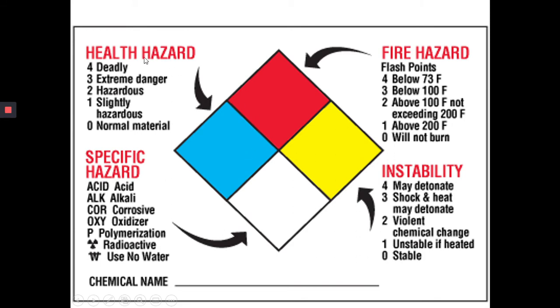And as you may notice, in each of the hazards seen in the National Fire Protection Association symbol, there are gradings from 0 to 4, except for the specific hazard because it does not have a grading. Instead, it has a specific description about the chemical being handled. For example, the chemical is acidic, basic, corrosive, or an oxidizer.